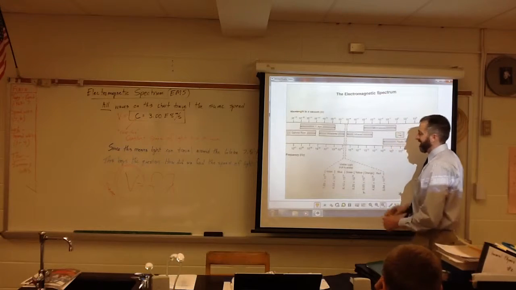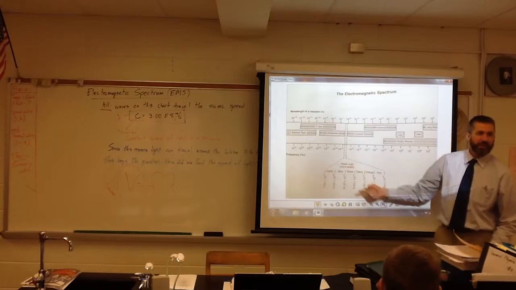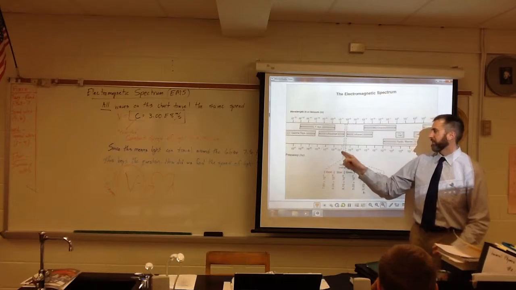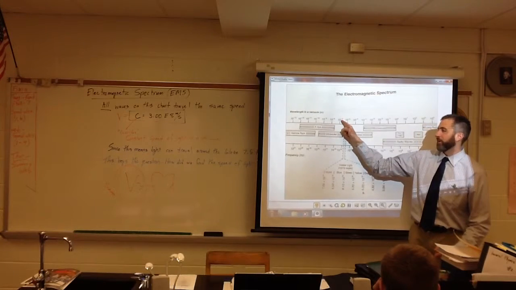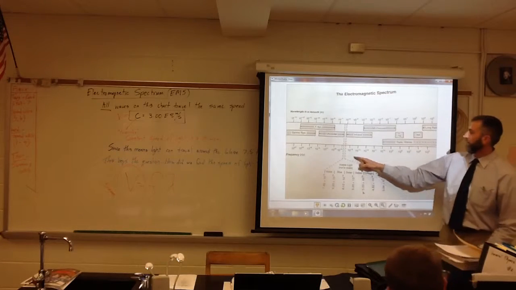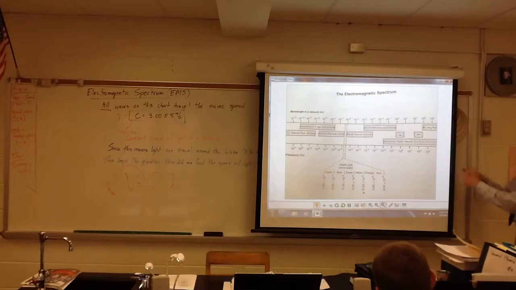Okay? So this is Roy G. Biv if you read backwards all the time. Okay? So violet being the highest frequency, but yet the shortest wavelength. Okay? Red being the lowest frequency, yet the longest wavelength. So that's kind of the way the chart works.